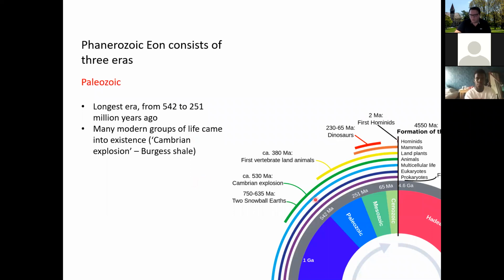So this is where more complicated life forms start to evolve. You start to see animals evolve right out of the end of the snowball Earth, and the Paleozoic incorporates up to the point where we start seeing things evolve to be on land.